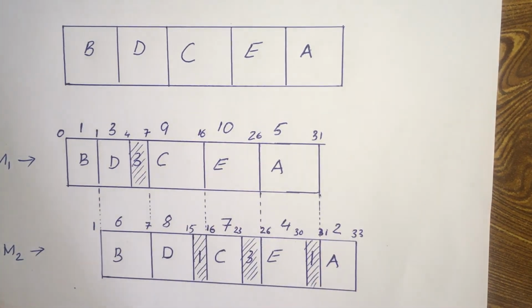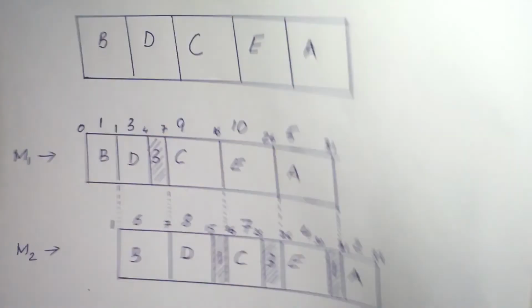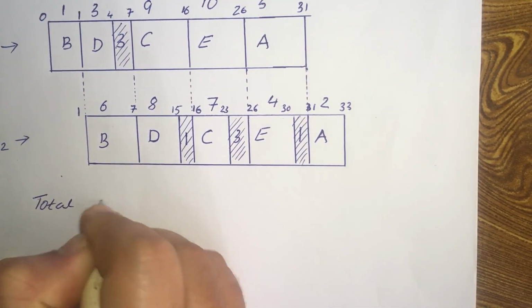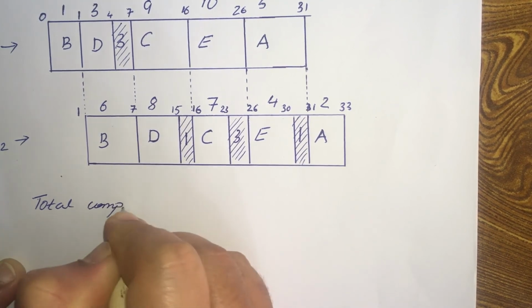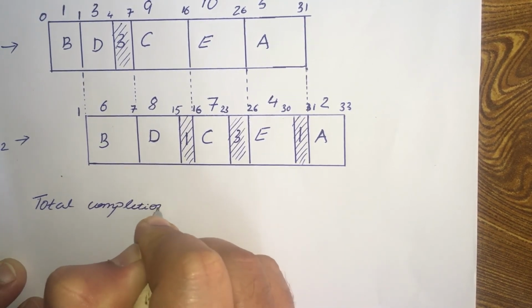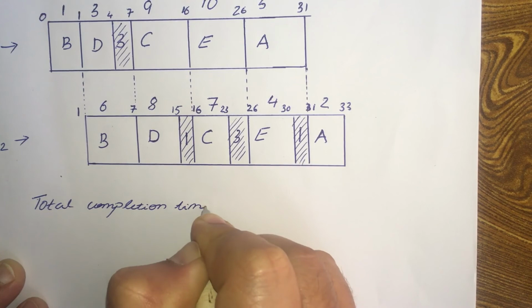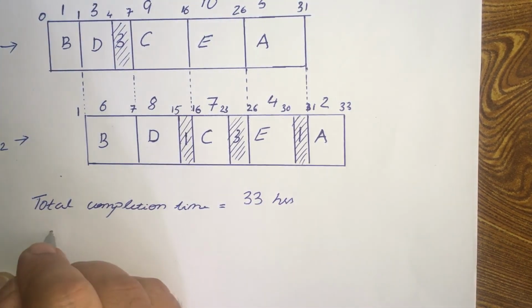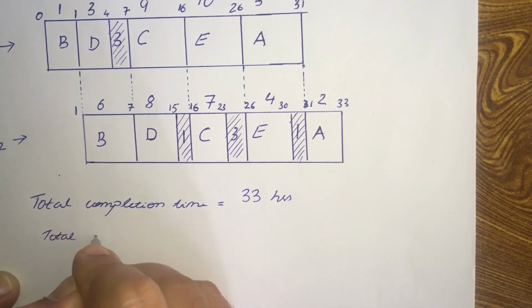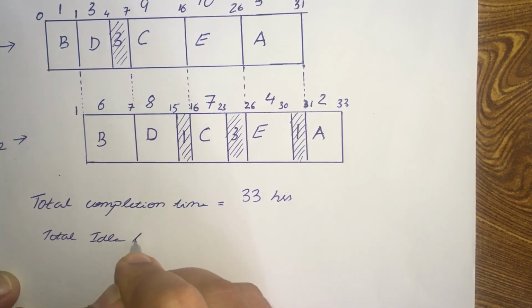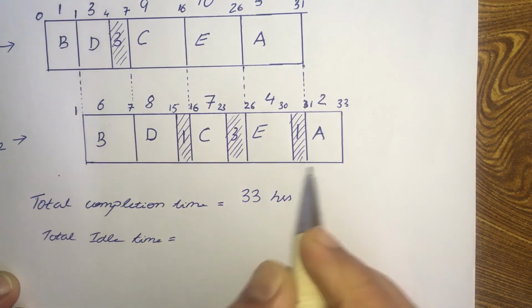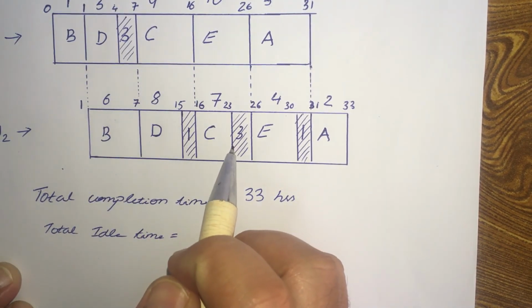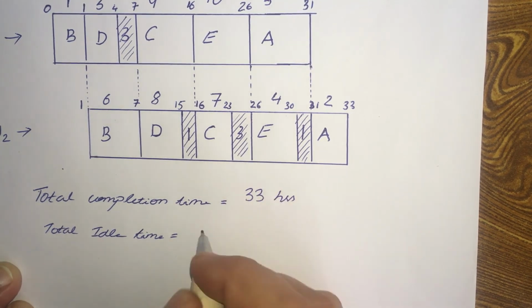33. Alright, so the total completion time is equal to 33 hours, and the total idle time is equal to 3 plus 1, 4, 4 plus 3, that's 7, 7 plus 1, 8 hours.